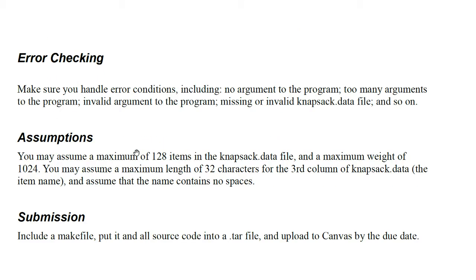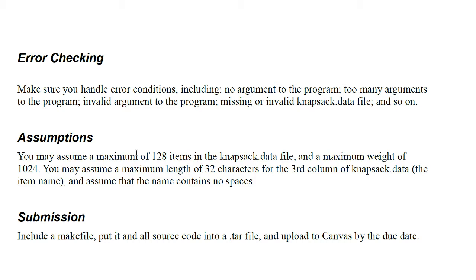All right, error checking. I want your program to be as bulletproof as possible. Possible error conditions: if you don't specify the bag capacity, if you just run your PA5 but don't give it an argument, that's an error. If you give it an argument that's not an integer, that's an error.